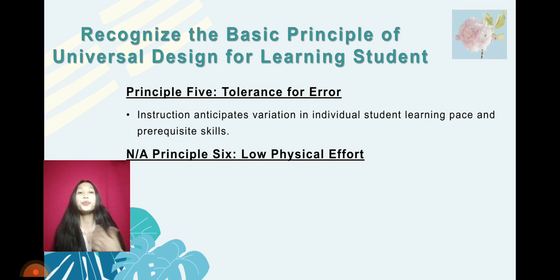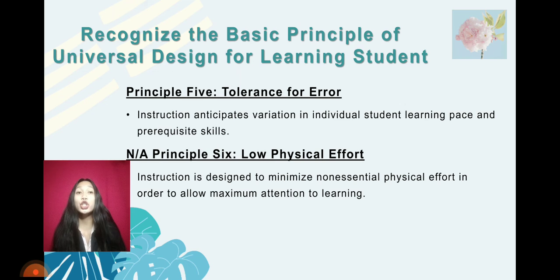In our sixth principle, we have low physical effort. That means the instruction is designed to minimize non-essential physical effort in order to allow maximum attention to learning. So instruction is designed to reduce unnecessary physical effort, so that students can focus on their learning.